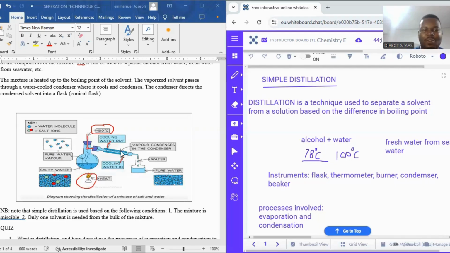As long as the inner core is always cool, any vapor that goes into it will condense because it will experience a drop in temperature. That will make it condense to form water. This same process is carried out when you want to get your alcohol from a mixture of alcohol and water.